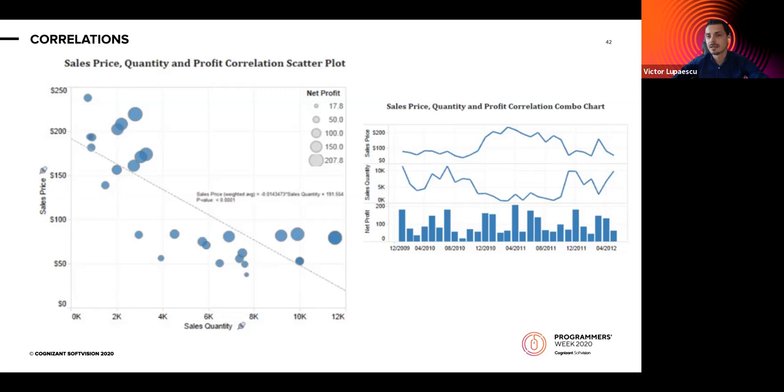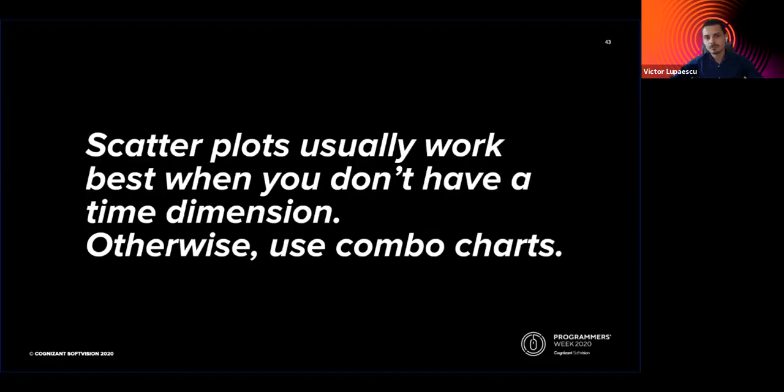I can easily see over time the trend and how, once I had higher average sale price, the average quantity decreased. So I see the correlation here, and I have the time dimension to correlate it as well. So scatter plots work best when you don't have a time dimension. Otherwise, use combo charts.